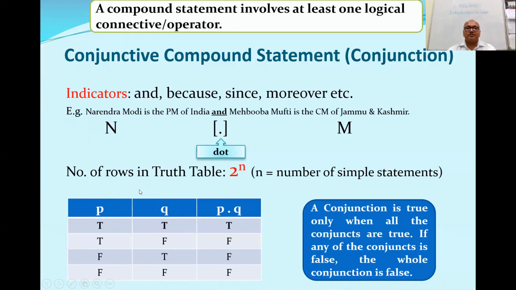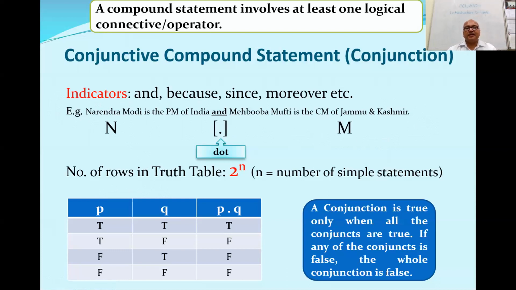So how many possibilities are there when they come together? And remember, howsoever compound a statement is, the whole value of the statement will be just one. Since it is one statement, howsoever complex it is, the whole truth value will be one.